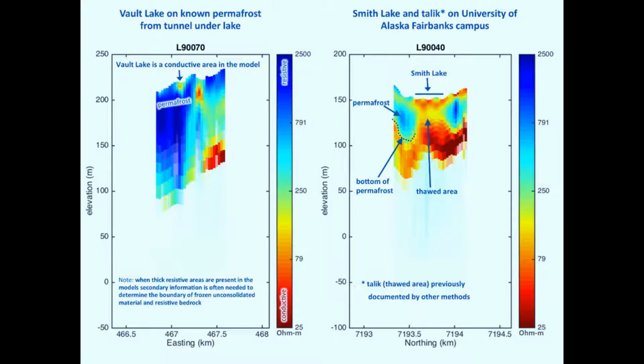On this other side, let's step over a little bit. This area, we know it's permafrost. It's a permafrost tunnel, and this little conductor up here is called Fox Lake. So in that case, the lake is just perched on the permafrost. This brings up an example where you see this resistive area all the way to the bottom of the electromagnetic data, but we really don't know where the bedrock is coming in.